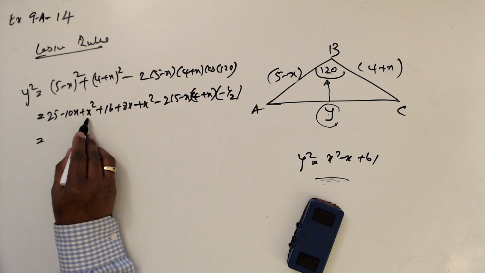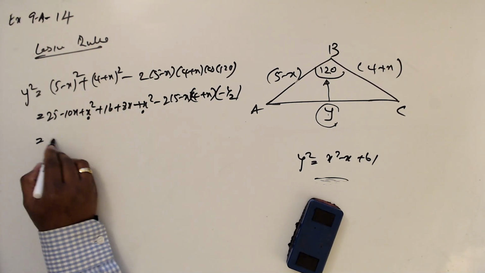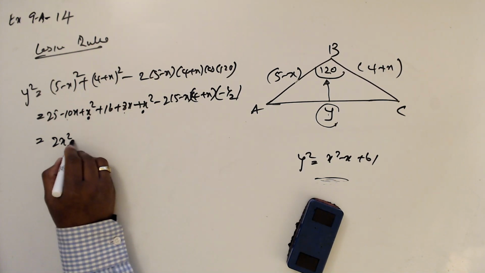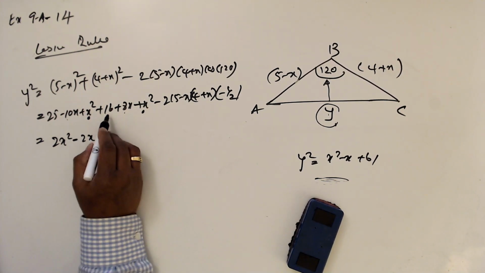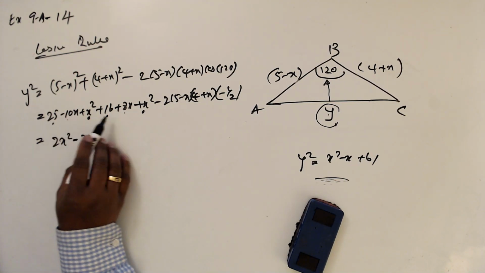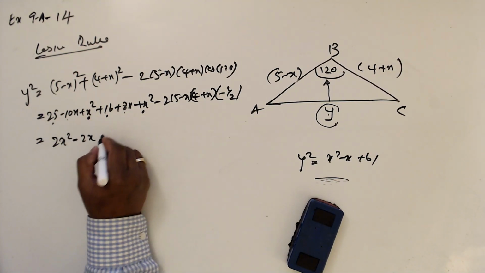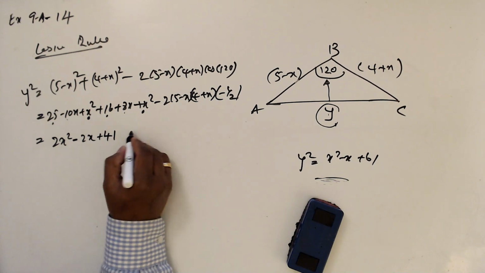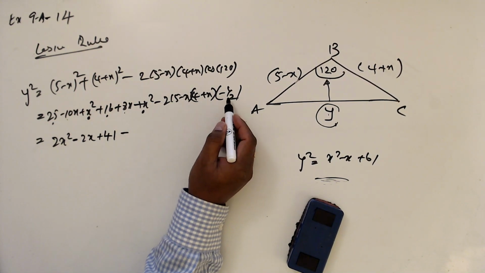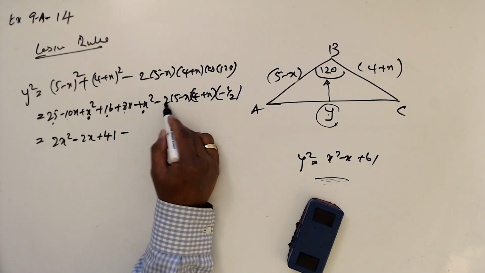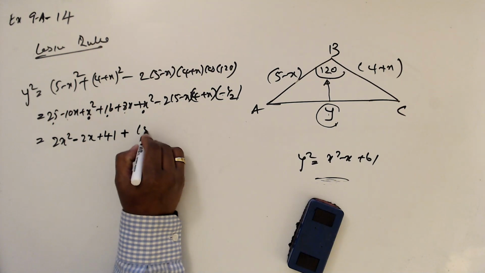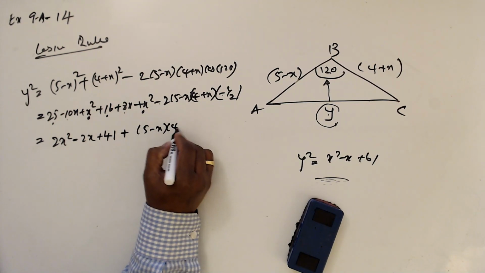So first of all, x squared plus x squared is 2x squared, minus 10x plus 8x is minus 2x, and 16 plus 25 is 41. The 2 and 2 cancel out, and minus times minus is positive, then (5 minus x)(4 plus x).